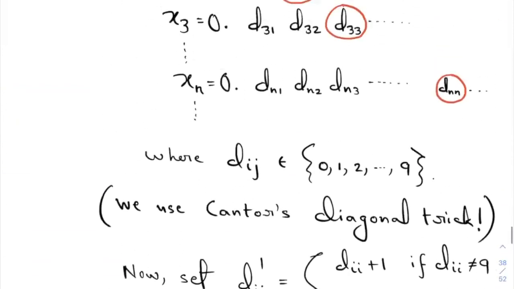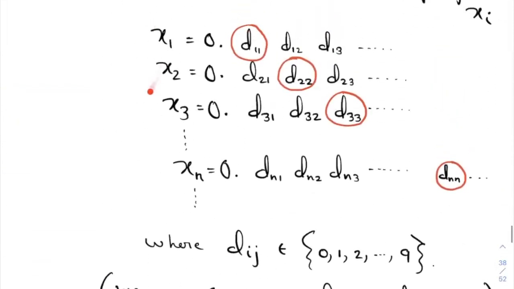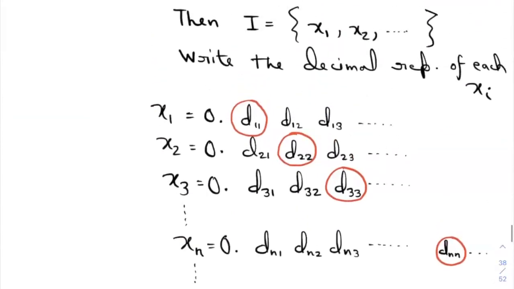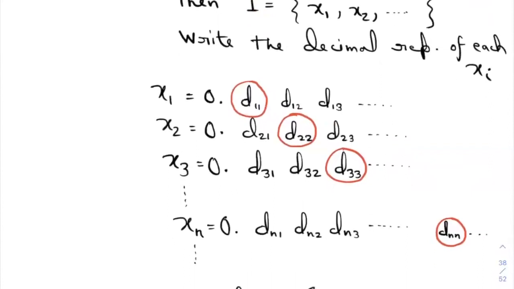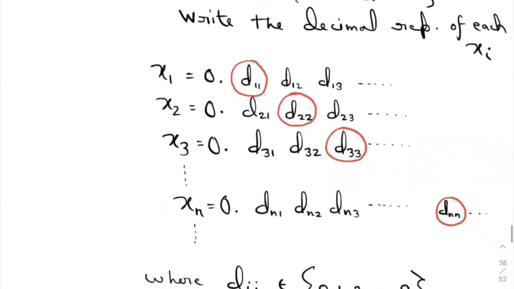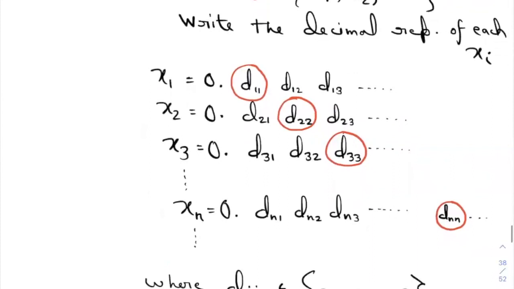Which list? This list. Like I said, this list exhausts the interval I. And if I can show that the number x that I've constructed in this fashion is not in this list, then that will be a contradiction, because my assumption is that everything in I is one of these.